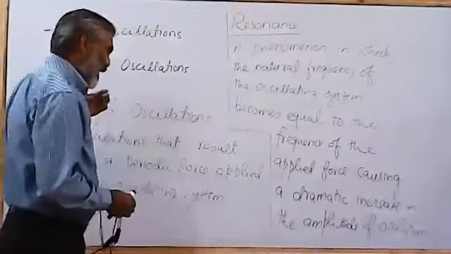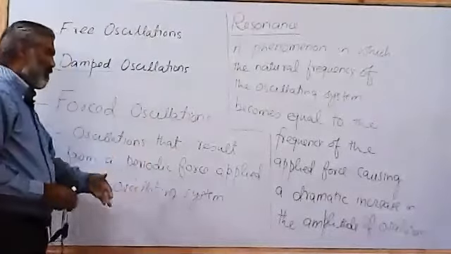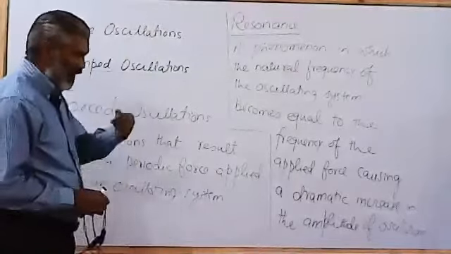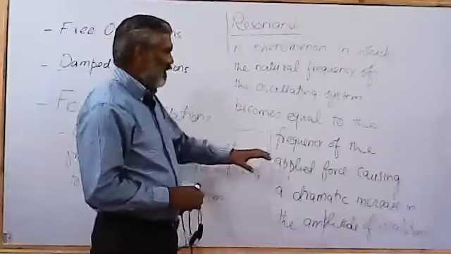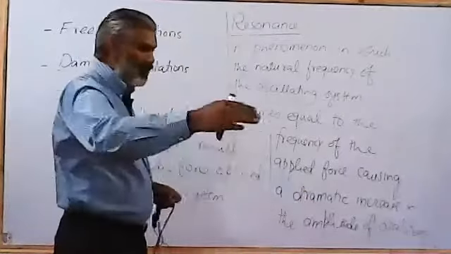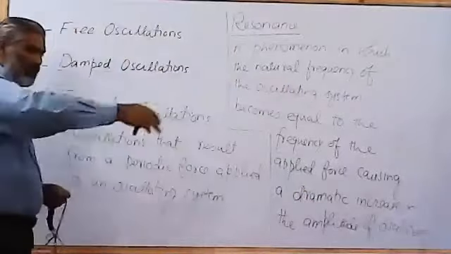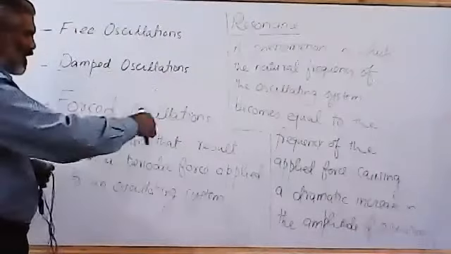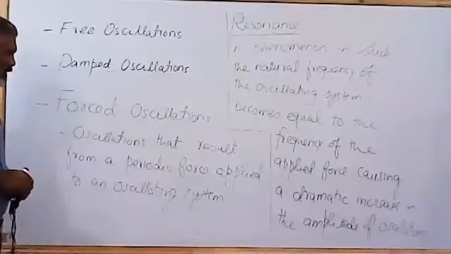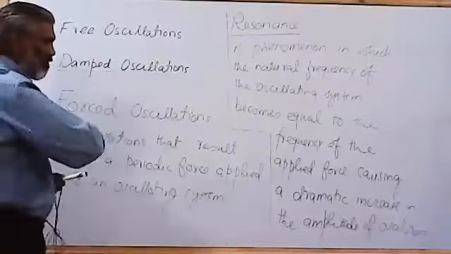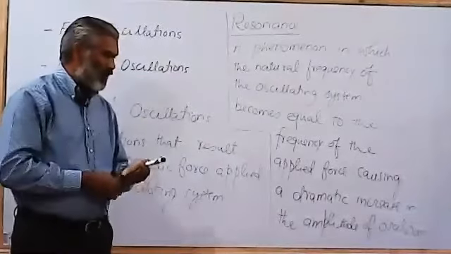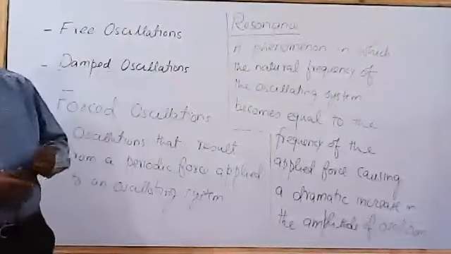If the natural frequency of vibration matches with or becomes equal to the frequency of the periodic force that we are applying, there will be a dramatic increase in the amplitude of oscillation of the system. That means if it was oscillating in this manner, after we apply a periodic force, the system will start oscillating with a very large oscillation, and as a result it may collapse.